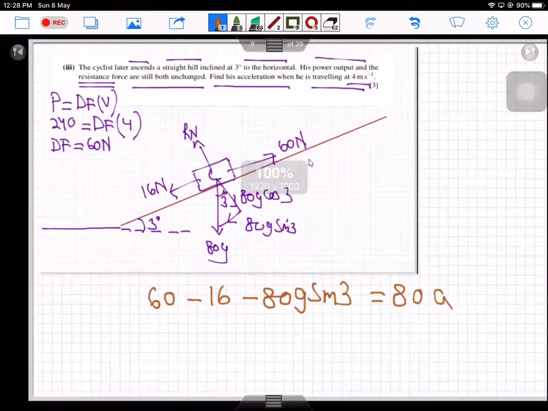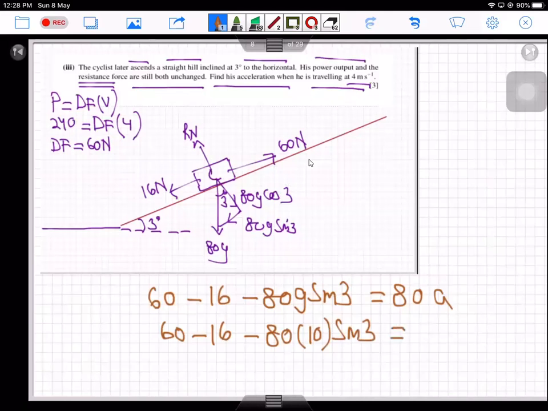So 60 minus 16 minus 80 times 10 times sine 3 is equal to 80A. This gives you 2.1312, which is equal to 80A.